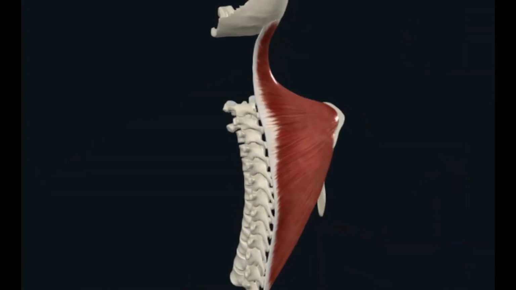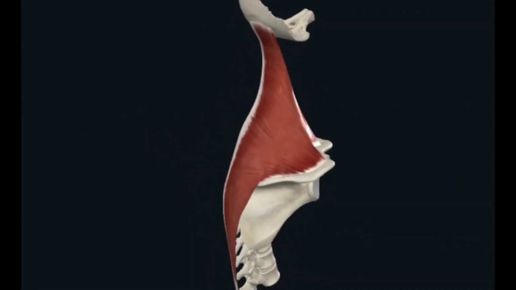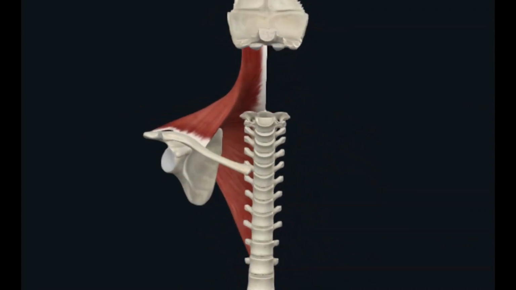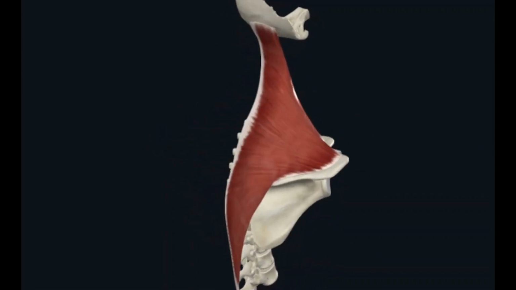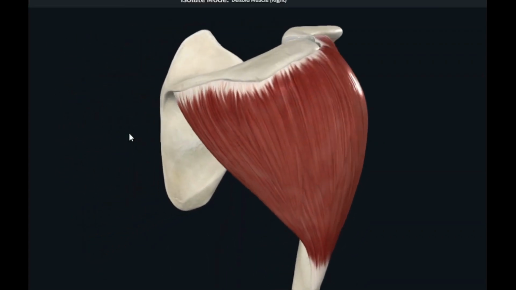The trapezius muscle elevates the scapula, depresses the scapula, rotates the scapula, and also it retracts the scapula. The second muscle, which is related to the lateral aspect of the clavicle, is deltoid muscle. This is deltoid muscle.